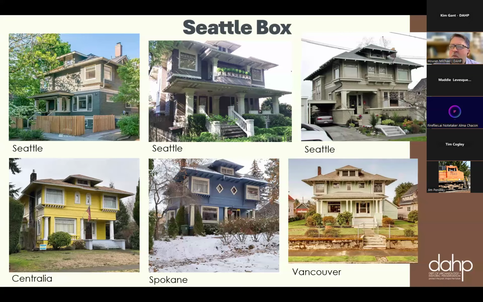Not dormers, but bay windows, I guess, on the corner. So that's the classic Seattle box that you'll see. These show up around 1905-ish, 1910, late examples. So this is a two-story Seattle box. They all have hip roofs, with different styles applied to them, as you can see from the photos.